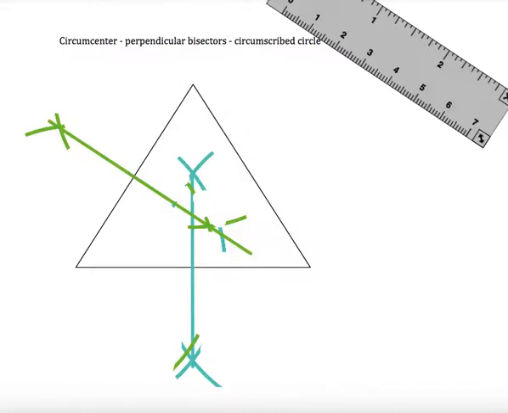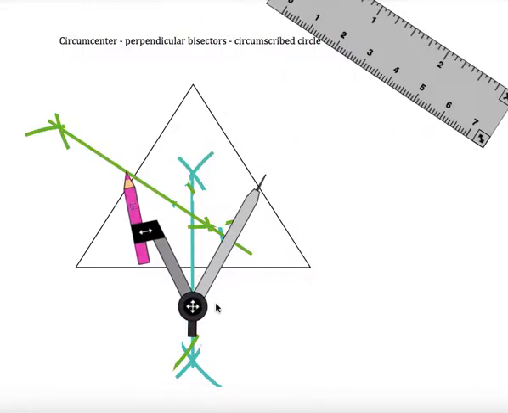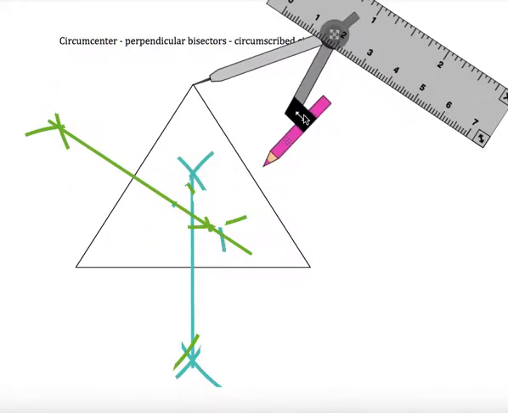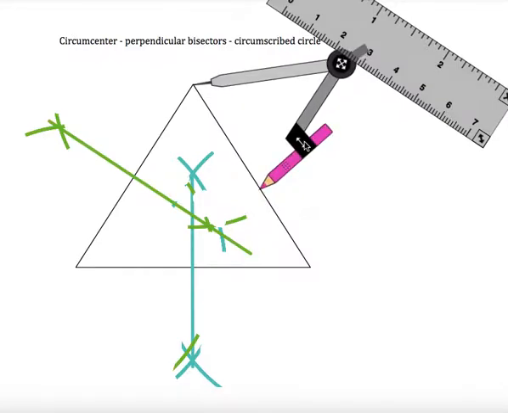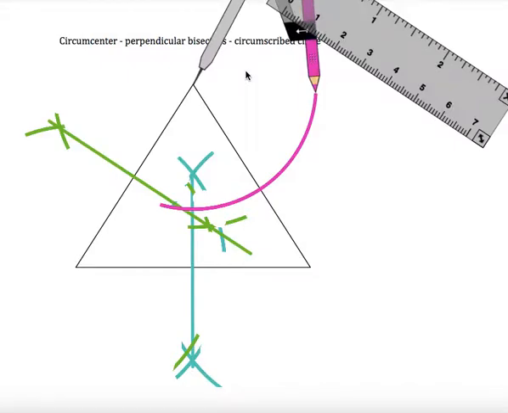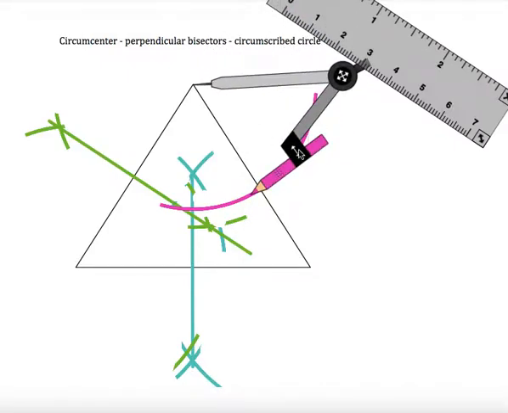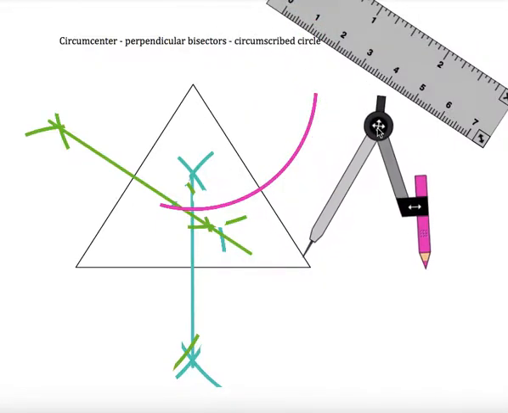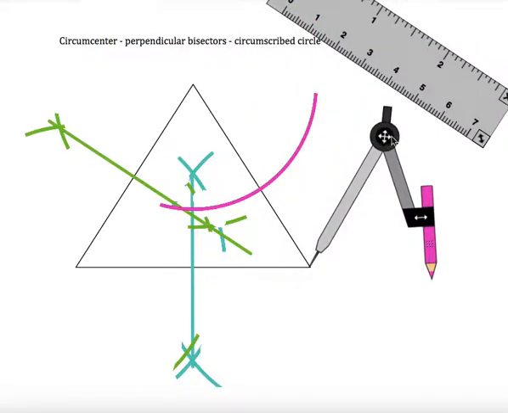All right, so I've got one more side. And my process is the same. So put your compass on a vertex and then make sure that you are over half the length of the line. Make your arc above and below. And then move to the next vertex.